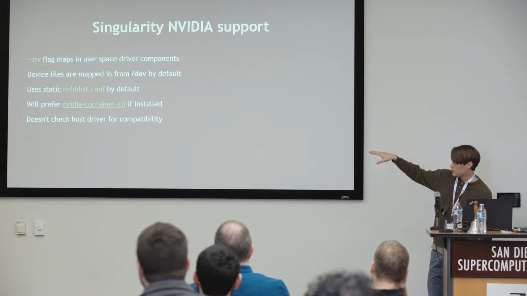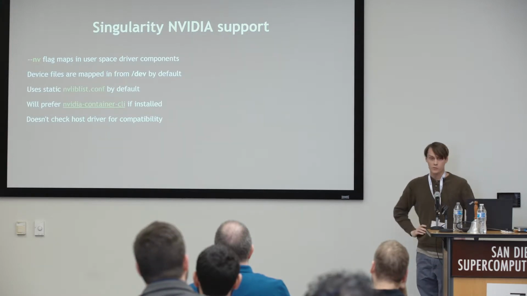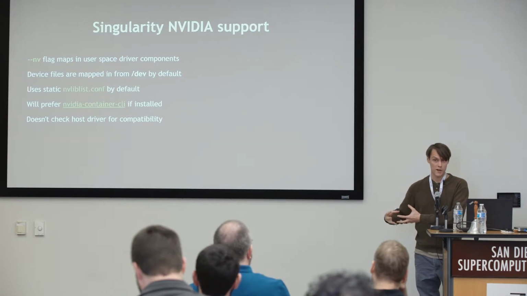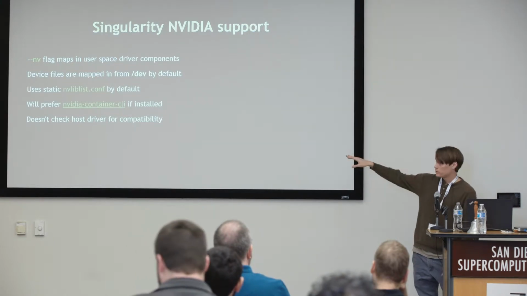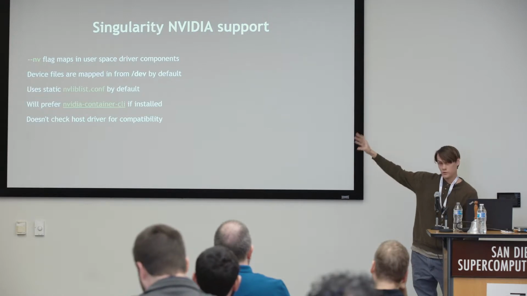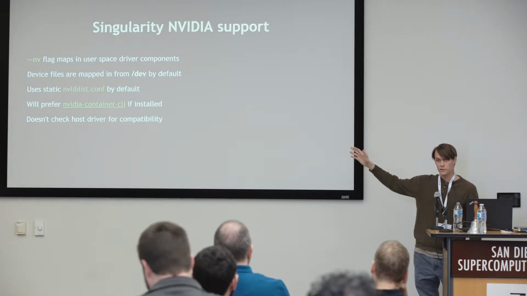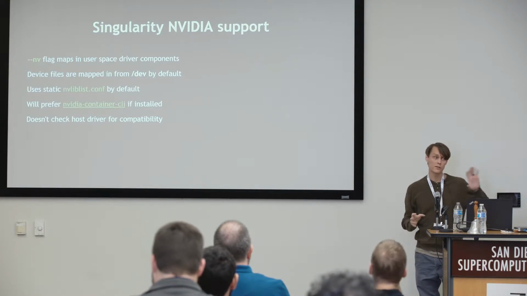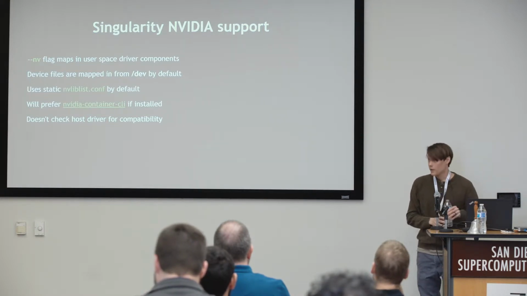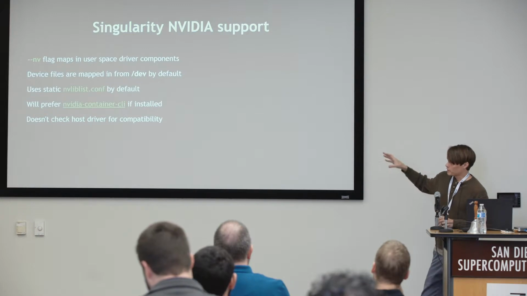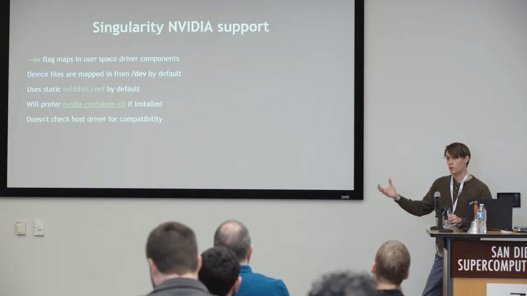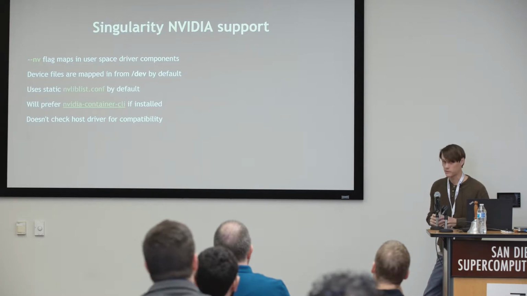NVIDIA also has NVIDIA Container CLI, just a CLI interface to the inner workings of NVIDIA Docker. And if you install this tool on your system, Singularity will automatically use the list of files that the tool provides to figure out what to mount into the container. The reason you might want to do this is that NVIDIA Container CLI is a dynamic application that's a little bit more robust than a static config file.